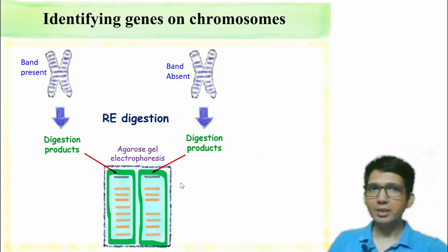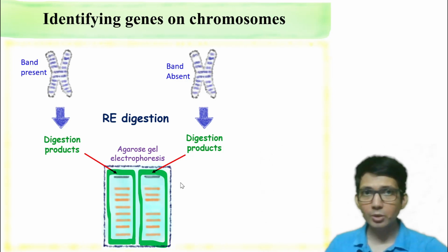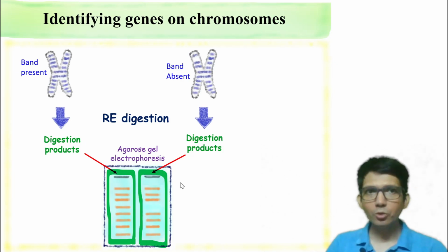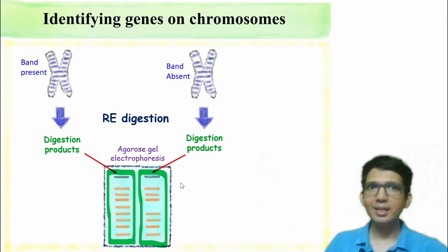If we compare the digestion products of the abnormal chromosome and the normal chromosome side by side, then the normal chromosome will show presence of certain bands that were absent in the abnormal one. And this is the band that we are interested in.